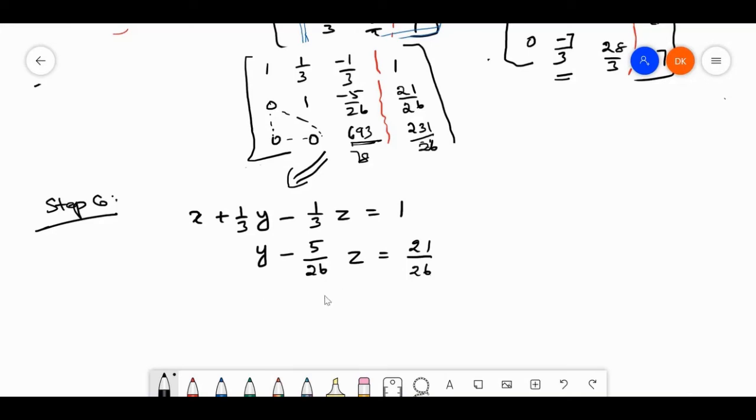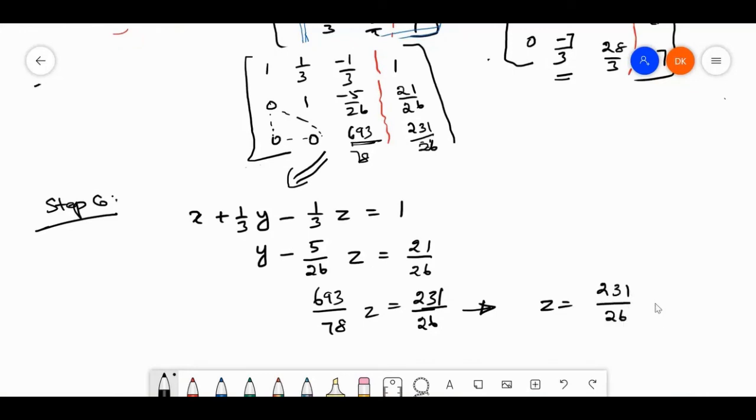Okay, so the third equation, 693 divided by 78 z, that is equal to 231 divided by 26.